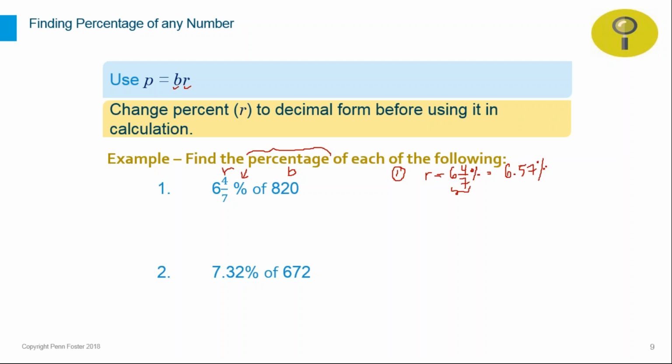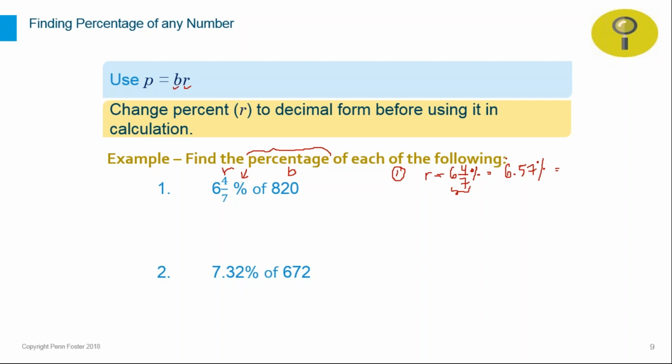Remember, in the first webinar, we said whenever we want to get rid of the percent sign, we always divide over 100. So the percent sign is still there since we did not divide over 100 yet. Now, divide over 100 to be able to use the R value in our calculations. To divide over 100, simply shift the decimal value to the left twice.